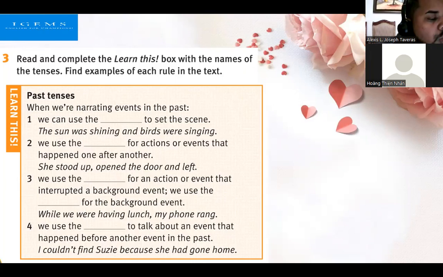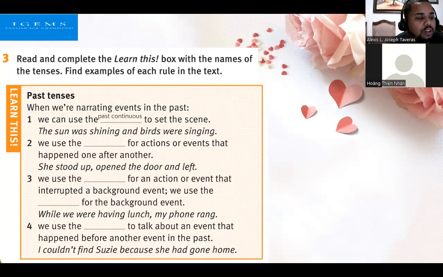Well, we'll be completing these rules. When we are narrating events in the past, we can use the past continuous to set the scene.